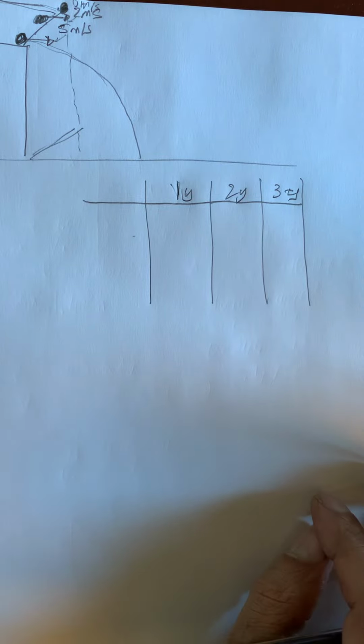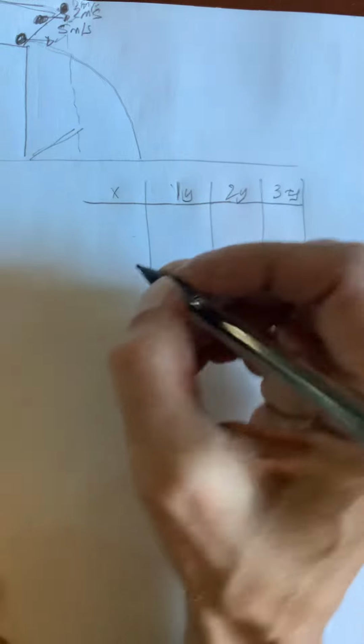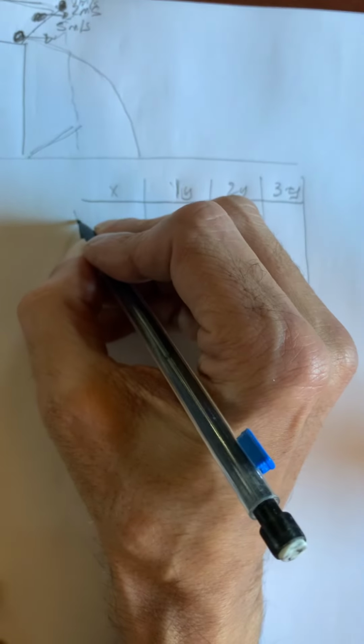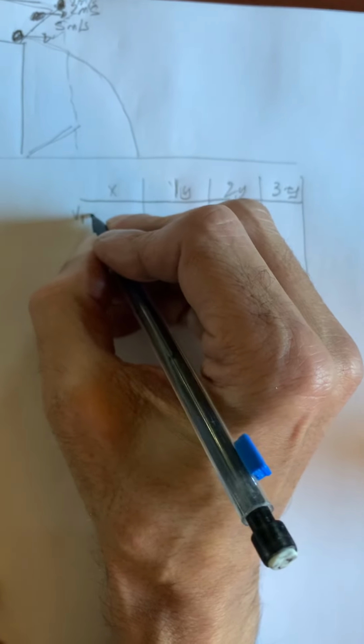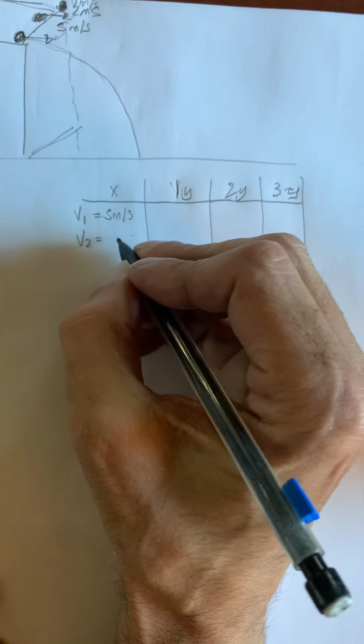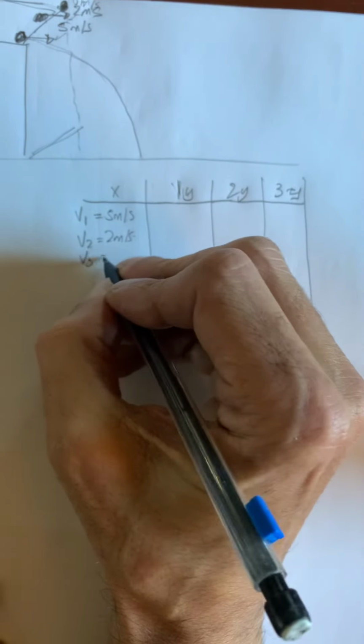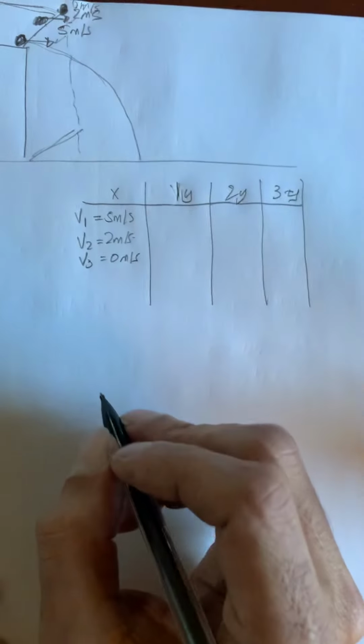And this is my X. And in my X, I've got V1 is 5 meters per second, V2 is 2 meters per second, and V3 is 0 meters per second.